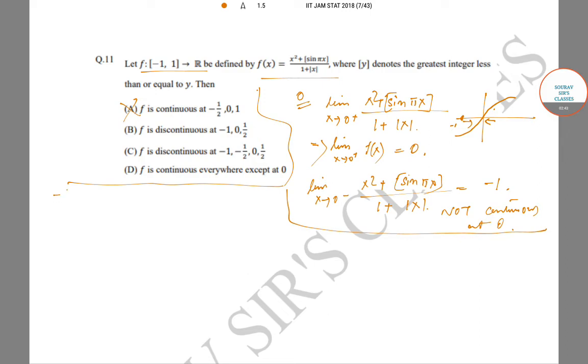Now let us check at minus half. Again drawing the graph, at minus pi by 2, sine takes the value minus 1. So limit as x goes to minus half from the positive side, f(x) is equal to, now x square would go to 1 by 4, mod x will go to half. There's no problem with that. The only problem is box of sine pi x.